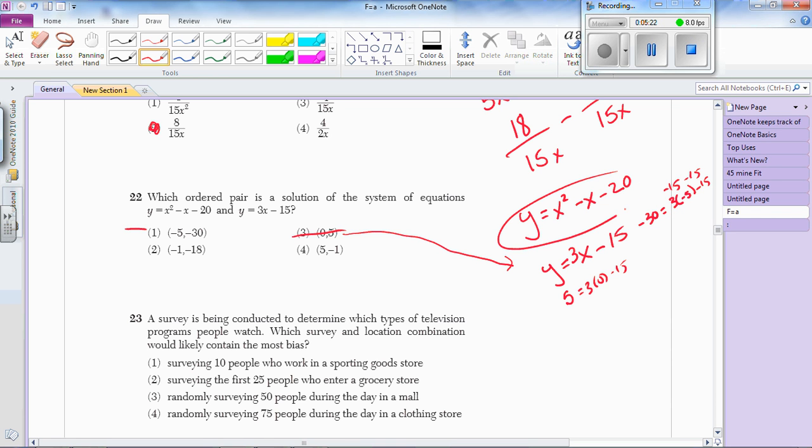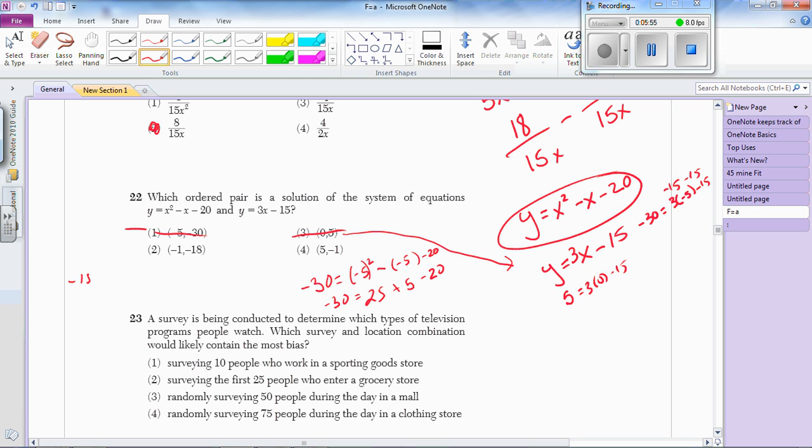Then I got to check it in here, which is just going to be a royal pain in the neck, but we'll do it. Negative 30, does that equal negative 5 squared minus negative 5 minus 20? Negative 30 equal 25 minus, actually it's plus 5 minus 20. That's 10. That doesn't work. Son of a gun.